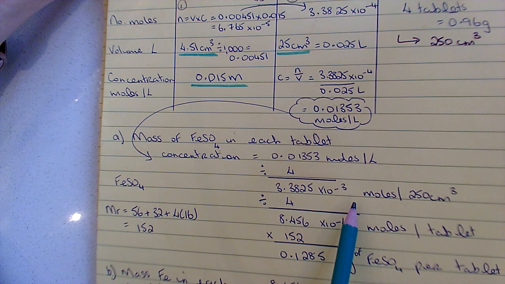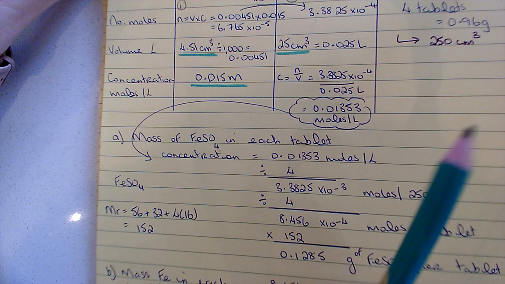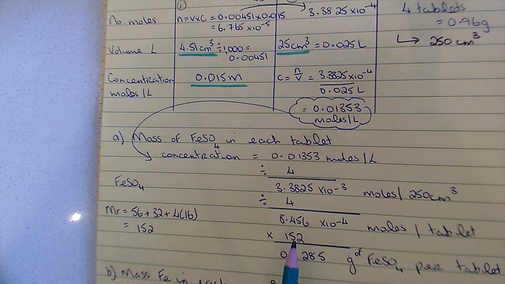Now I want to know how much anhydrous iron sulfate I had per tablet. There are 4 tablets, so I divide that answer by 4, and I have 8.456 × 10^-4 moles per tablet.